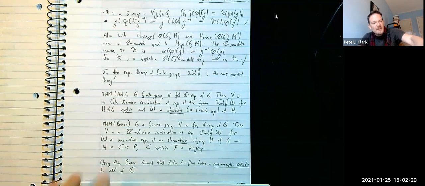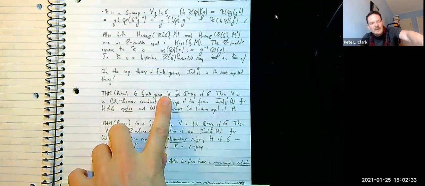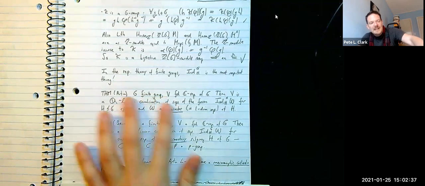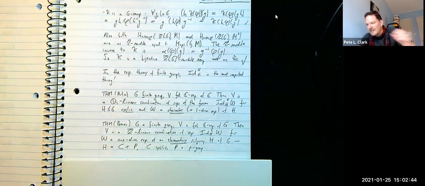So up to this Q-linear combination, this is expressing every possible representation of our group as a certain type of combination of really, really simple representations. But again, I'm going over it quickly. The Q-linearity is not the greatest thing. It would be better to have a Z-linear combination of representations.